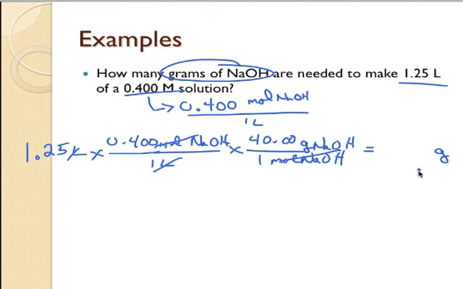I'm left with grams sodium hydroxide. And if I do that math, I end up with 20.0. See, 3 significant figures here, 3 significant figures there, so I should leave it 20.0 grams. And that's really using molarity, mass, moles, liters, any of those quantities to find any other quantity.